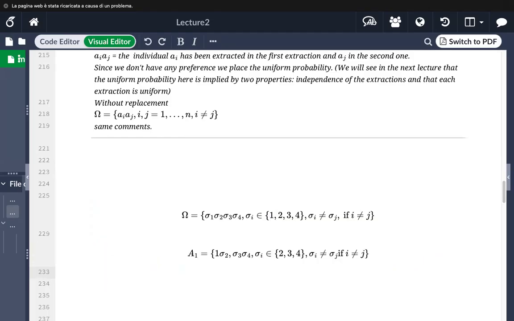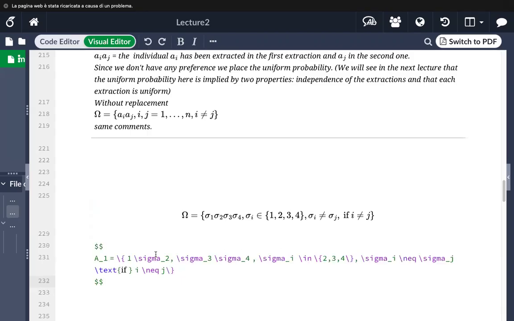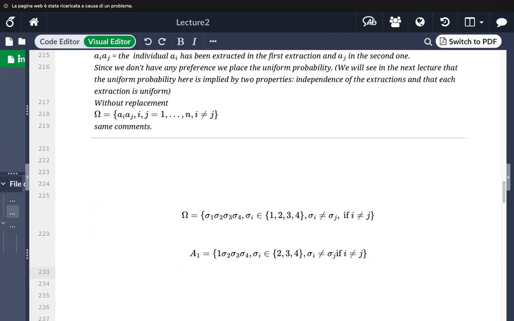So it is the same as above, but one is fixed.